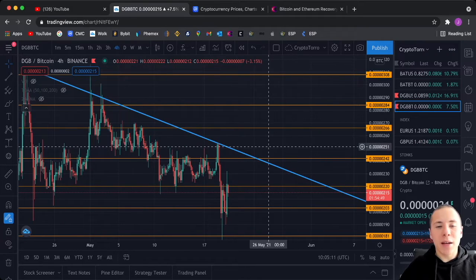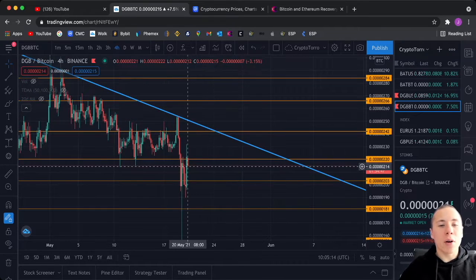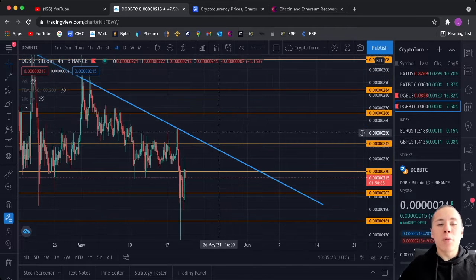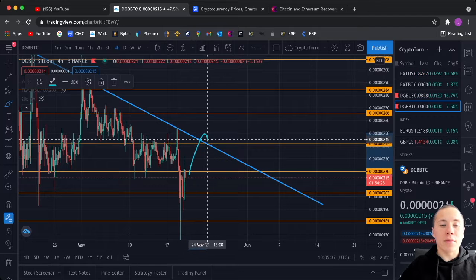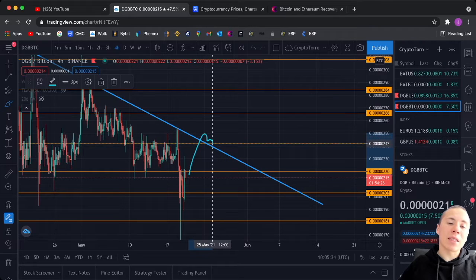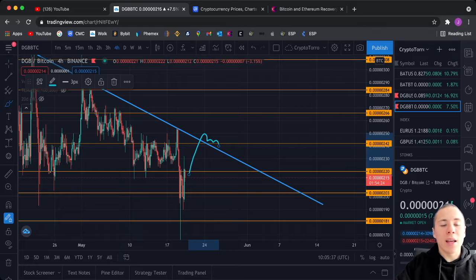But if Digibyte has enough strength to go above this level, then we would be seeing a trend reversal being created once Digibyte goes above this downward sloping level of resistance and finds support right on top of it.